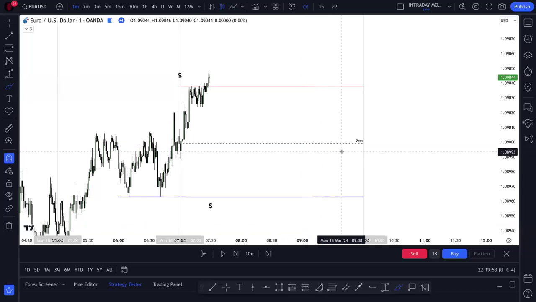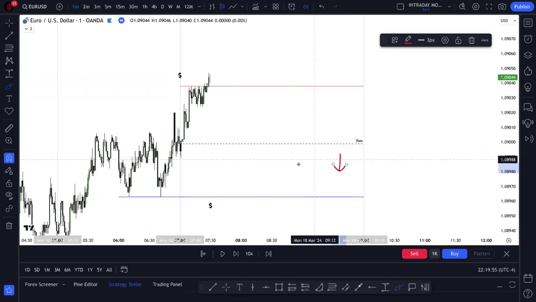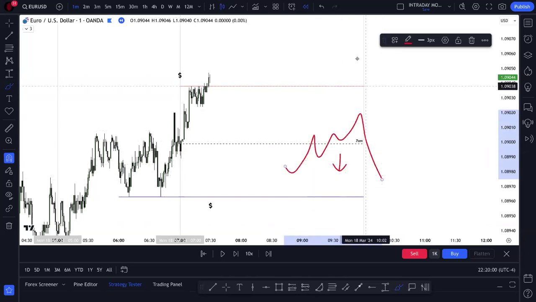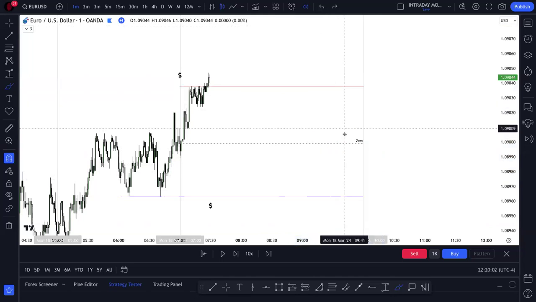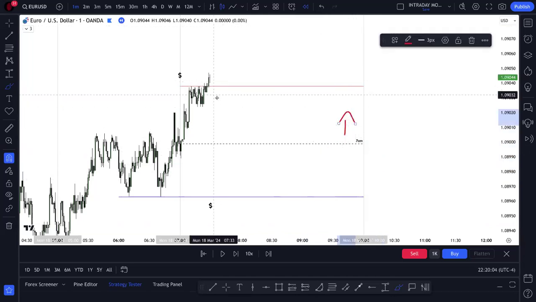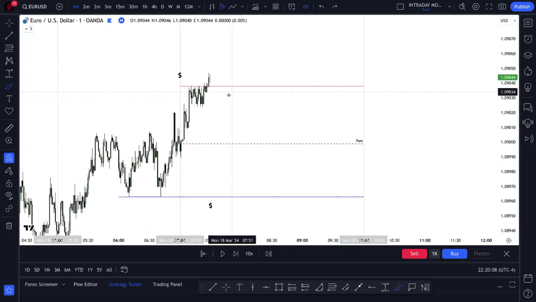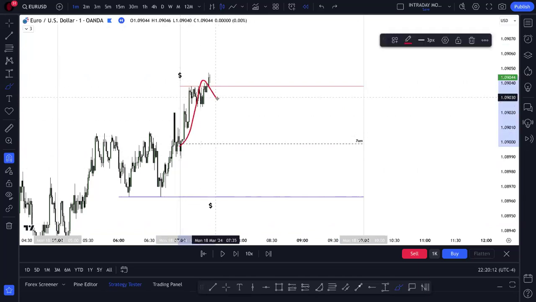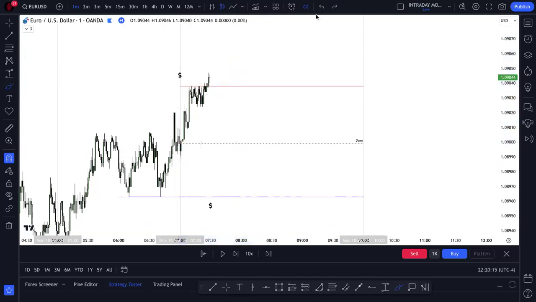Because imagine someone selling down here, they may have to endure drawdowns or pullbacks and then a pull down. But if I'm already selling above 7 a.m., likely I'm going to endure less drawdown. The market is probably less likely to trade higher because it's already done its trading to go higher to induce traders to the wrong side.